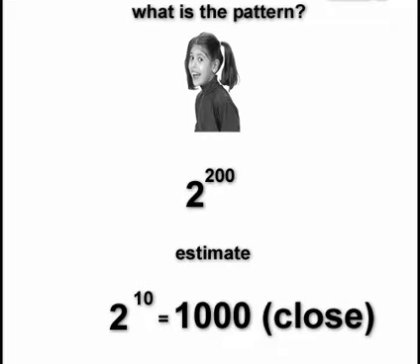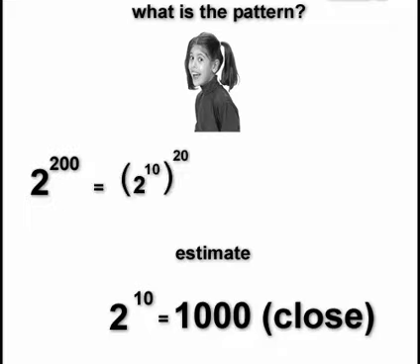So let's go ahead and substitute that. 2 to the 200, using one of the rules of exponents, right? When an exponent is raised to another exponent, you multiply them. So 10 times 20 is 200. And we're going to substitute that 2 to the 10 for 1,000, which is also known as 10 cubed.